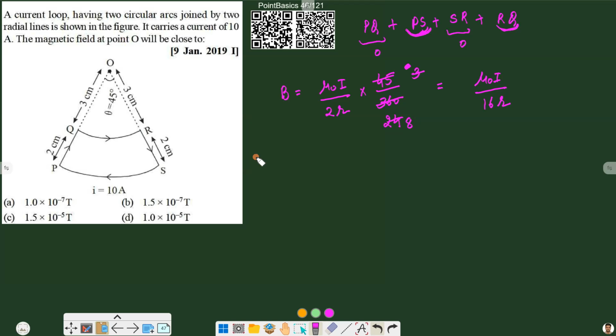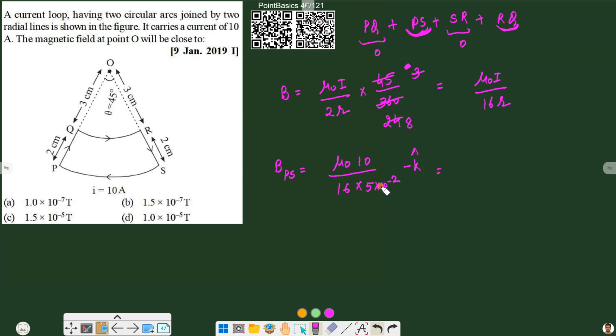Now let's start with the magnetic field due to PS. The magnetic field due to PS will be mu naught into I, that is 10, by 16, and the radius, that is 3 plus 2, 5 centimeters, so 5 into 10 raised to power minus 2. We also have to notice the direction: here current is flowing from right to left. Using the right hand screw rule, at point O the magnetic field will be into the page, in the minus k direction.